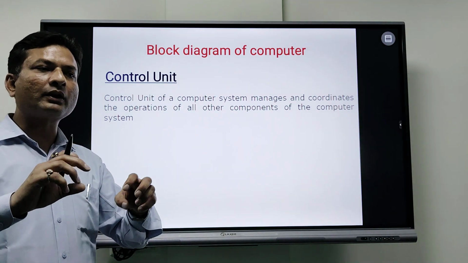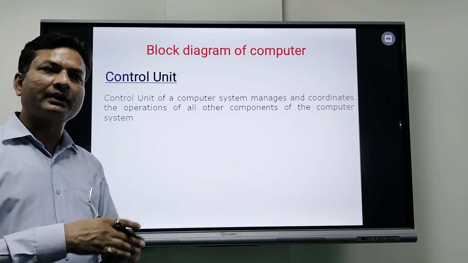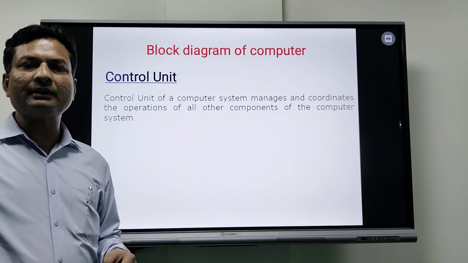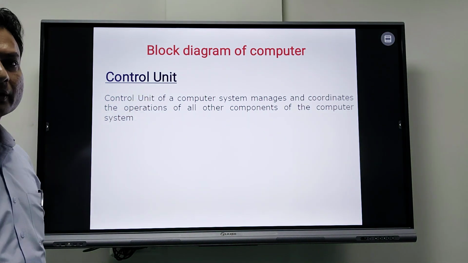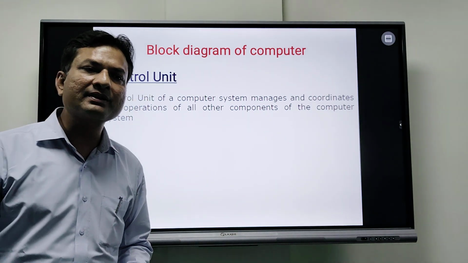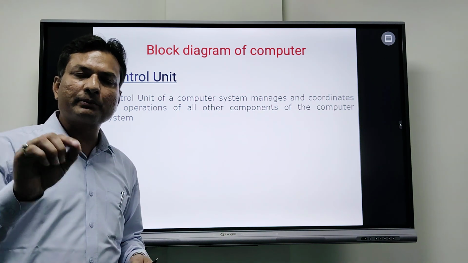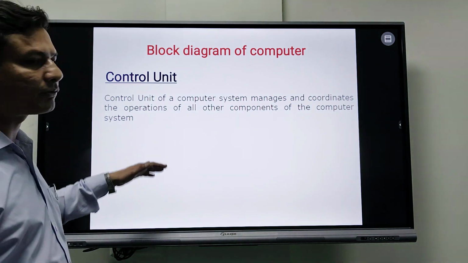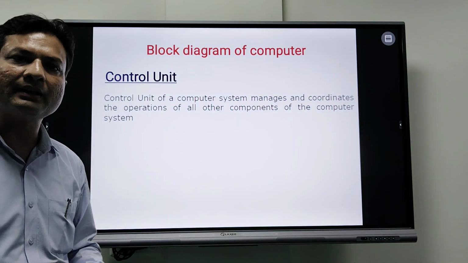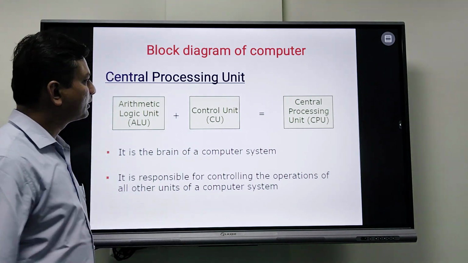It controls all the operations, beginning from the input to the final stage, that is output. All the operations are controlled by the control unit. We can say it is the nervous system of the computer system. Like what the nervous system does in the human body, in the same way the control unit performs its function inside the computer system.